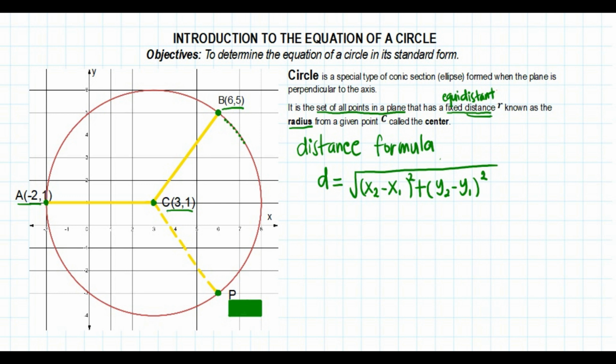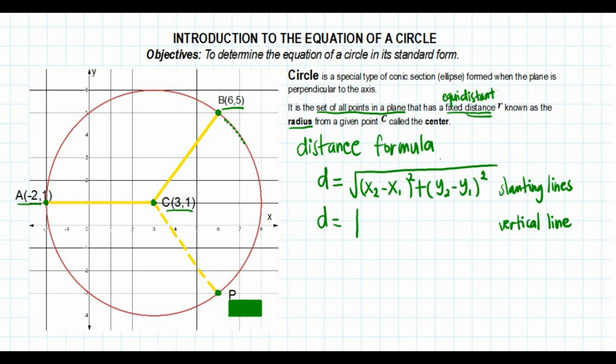Most especially, ginagamit ito sa mga slanting lines para mahanap natin yung kanyang distance from one point to another. Pero, pag gusto nyo namang hanapin na may mas madaling formula to find the vertical line. Para sa vertical line, ito lang ang formula.